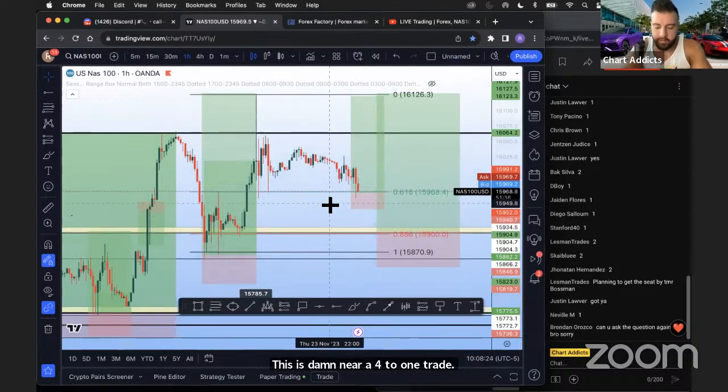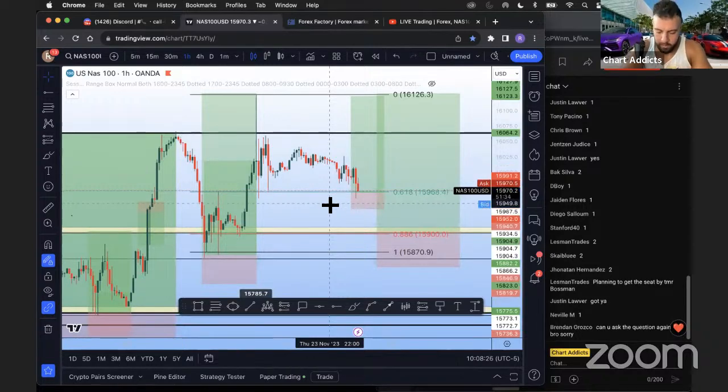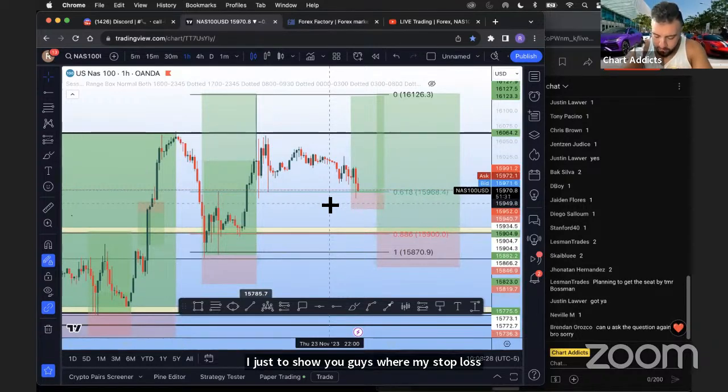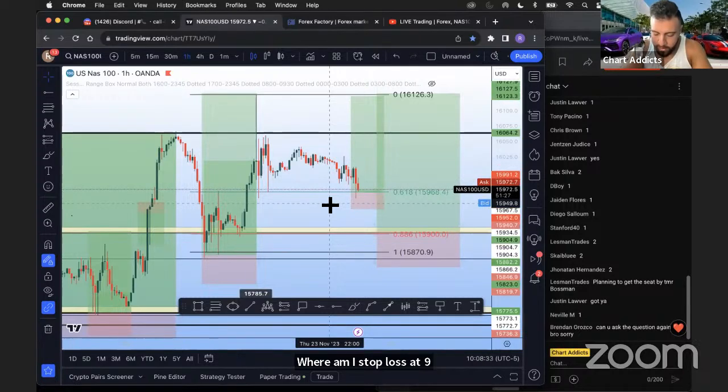All right, just to show you guys where my stop loss is. I got my stop loss at 947. And my buy entry is at 976.